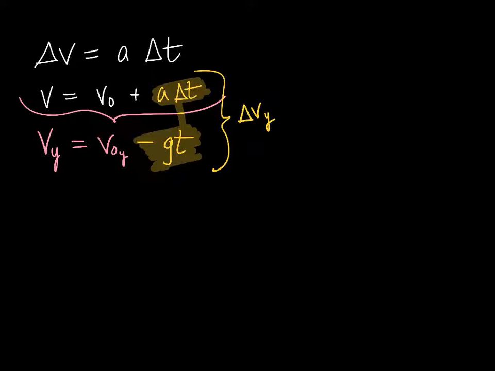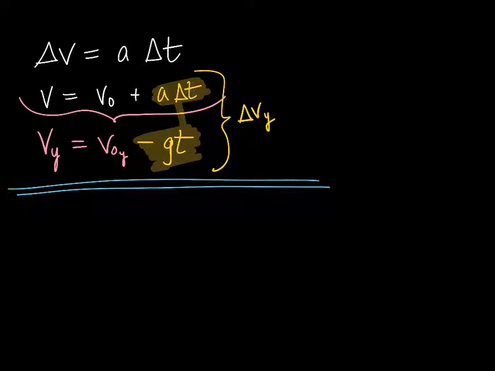Now I'm going to just kind of separate that, and I'm going to rewrite this equation because I want to make a different point. The final speed in the y direction is necessarily the opposite of the initial speed in the y direction, or velocity in that case.